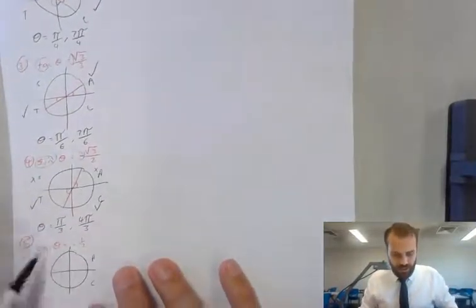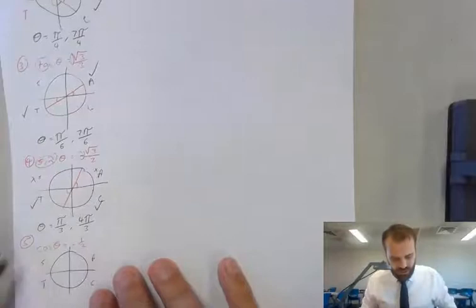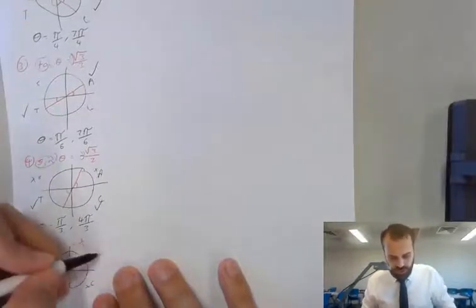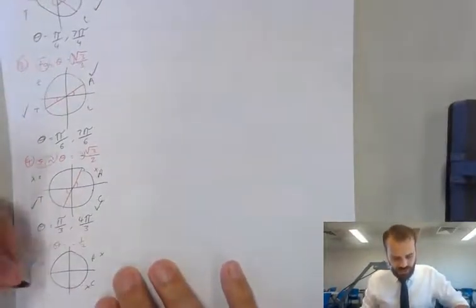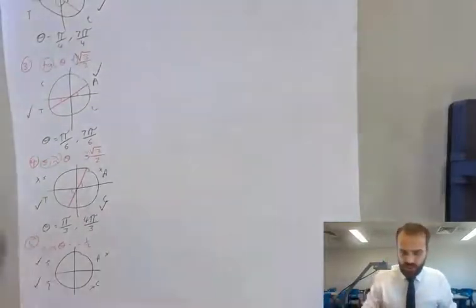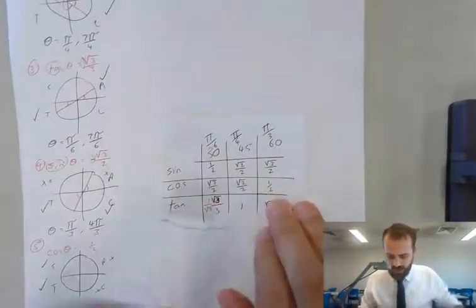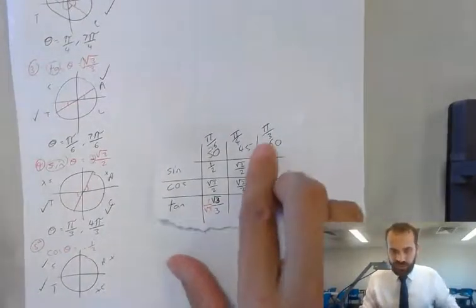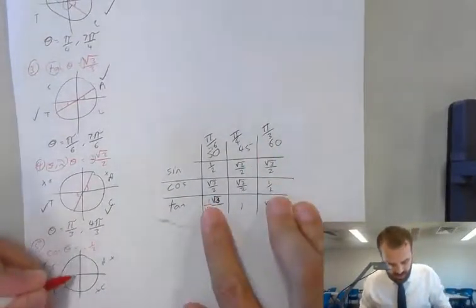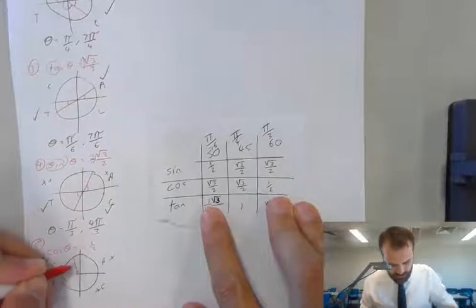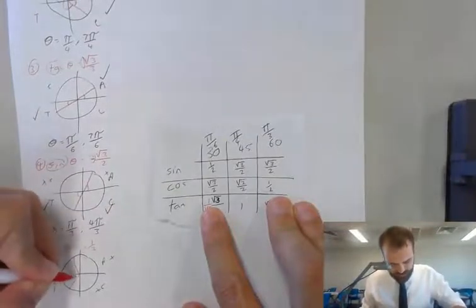This time it's cosine. So it's not going to be in the cosine quadrant. It's not going to be in the all quadrant. It's going to be the sine and tan quadrant. Bring my little piece of paper over. Cosine 1/2 is pi on 3, which is 60 degrees. It's there.